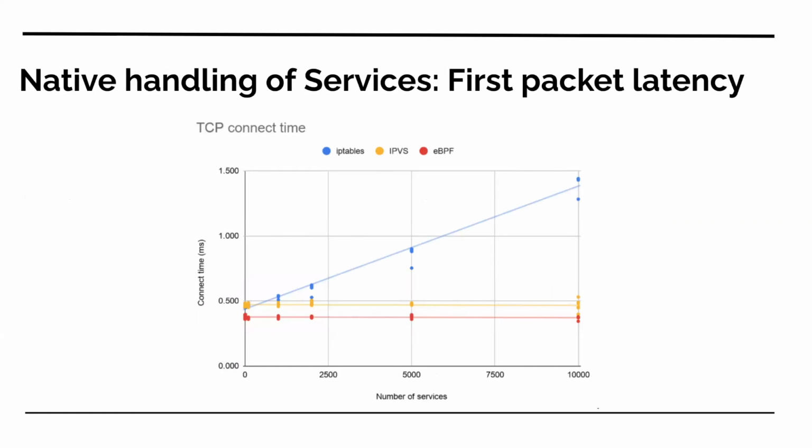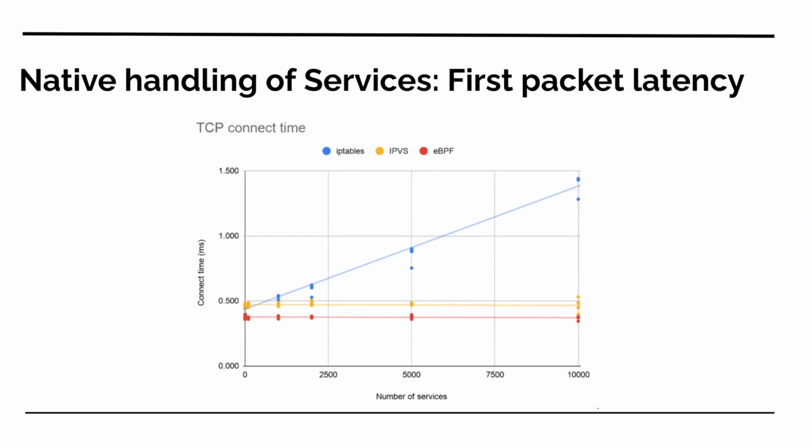Native handling of services and first packet latency: the IP tables kube proxy uses a very long list of rules in IP tables to implement services. So the more services you have, the more rules it has, and that means the first packet, or the TCP handshake for a new connection, pays a bigger price.